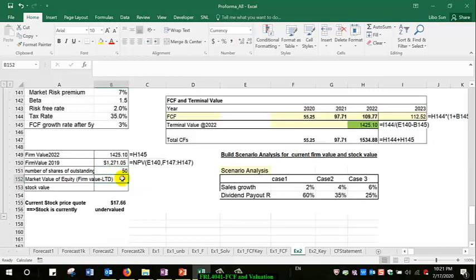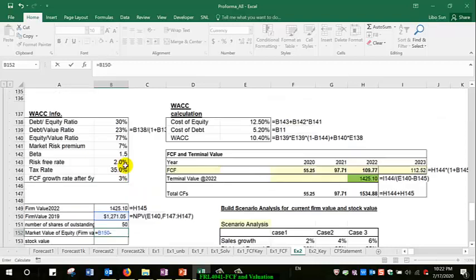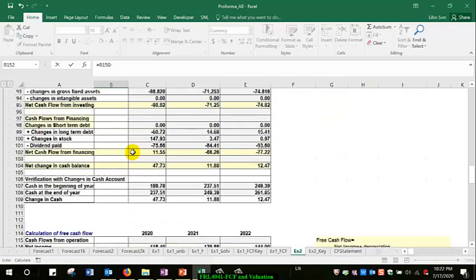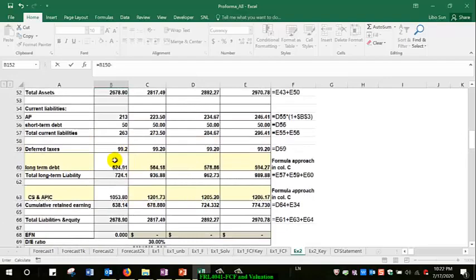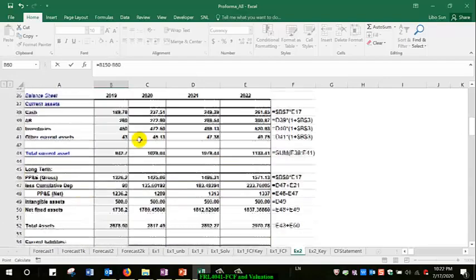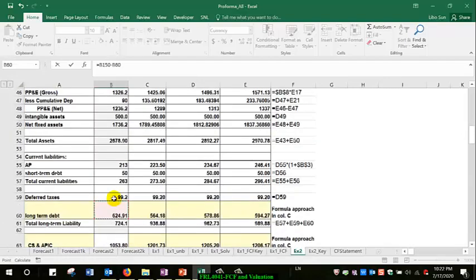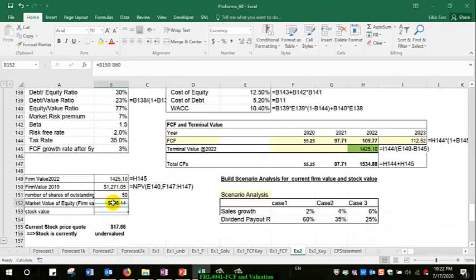So we need to find the stock value per share. To do this, we want the market value of equity according to our calculation, right? Firm value minus the amount of debt. We go to the balance sheet, go to 2019, the current year, long-term debt, the current information, as our proxy. So that's the market value of equity.